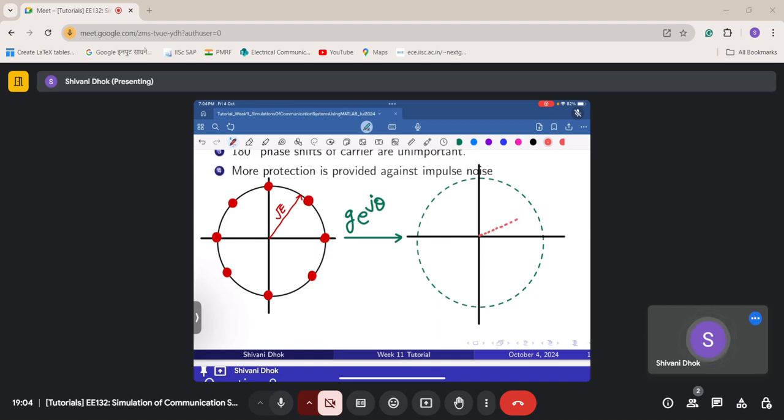The first point will be at this angle theta, and it will be of radius g root Es.